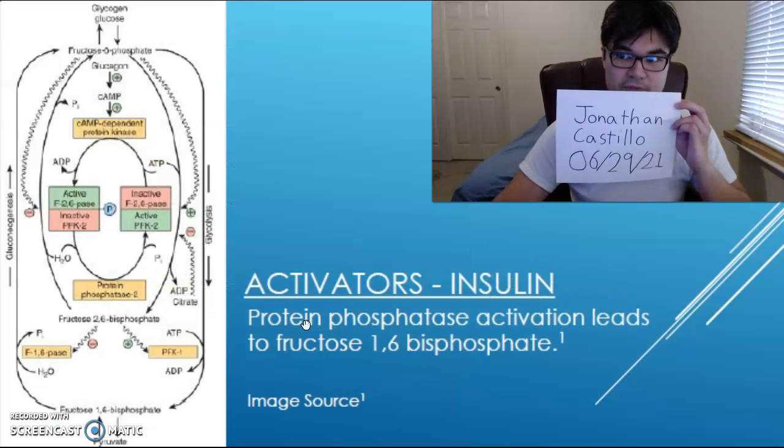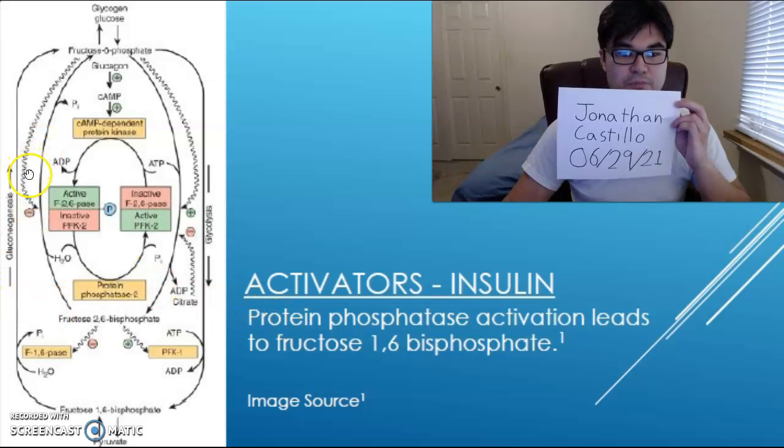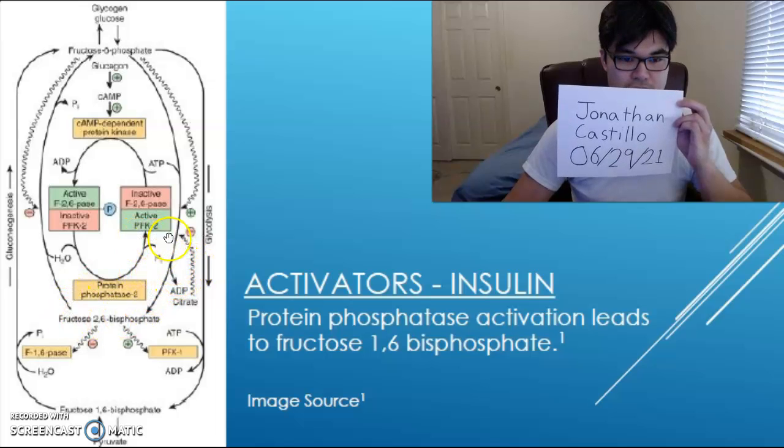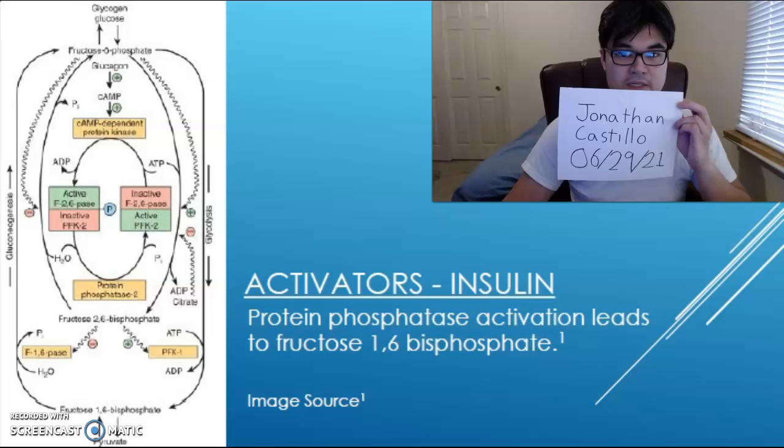Now, in the presence of increased insulin, these protein phosphatases activate phosphofructokinase 2, which phosphorylates fructose 6-phosphate into fructose 2,6 bisphosphate.